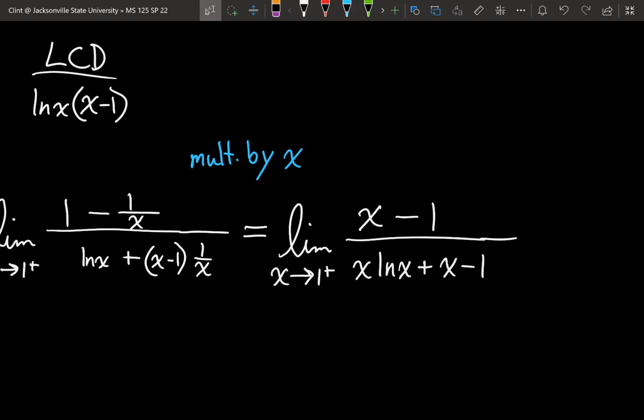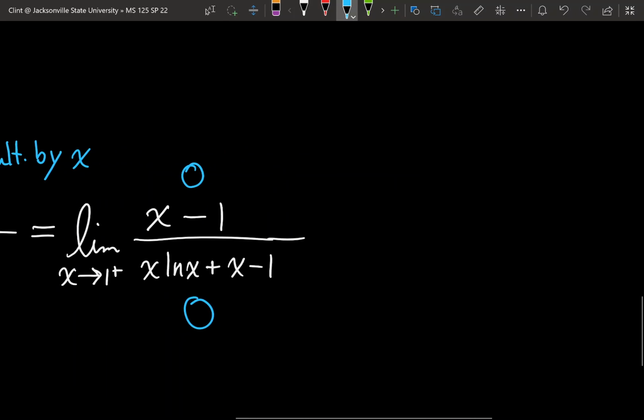Zero over zero. Sadly. Okay, so we've got to do one more go around. It pays off on this one, and we don't get stuck in just doing the L'Hopital's rule.